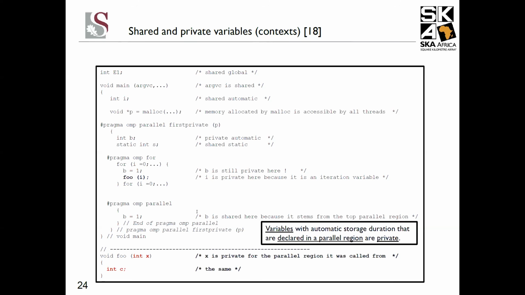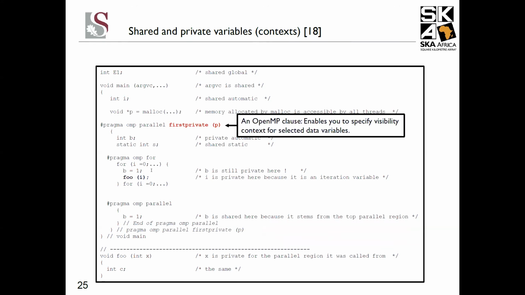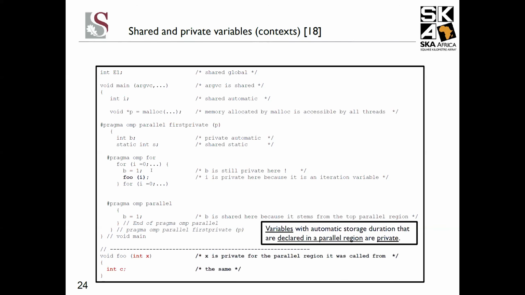And also that C that is defined here inside of the function is a private variable because it is declared inside of this embedded parallel region. A bit tricky at first, perhaps, but if you just remember the first 5 default situations, then it shouldn't be difficult to see when a variable is private and when it is shared when we work with OpenMP.